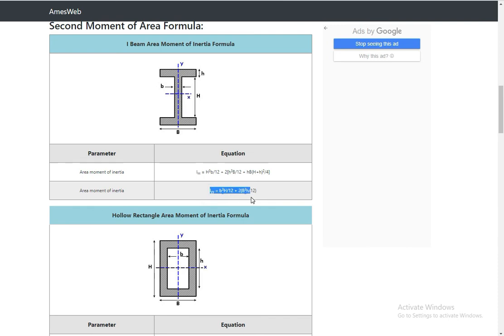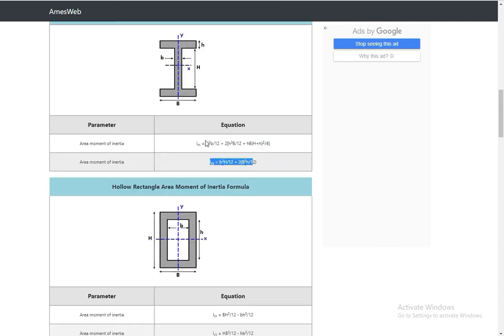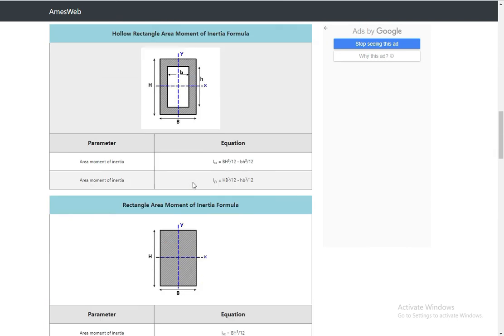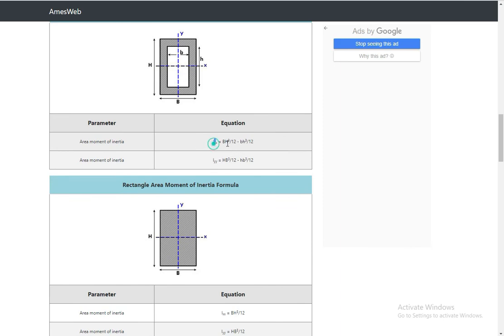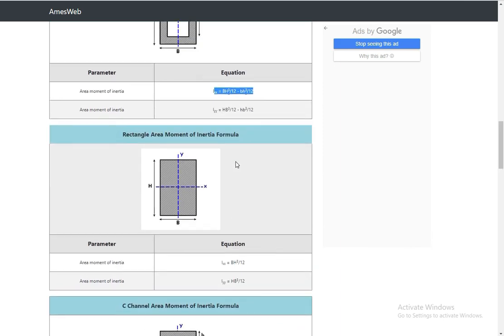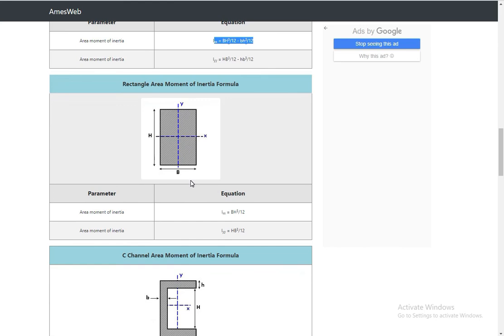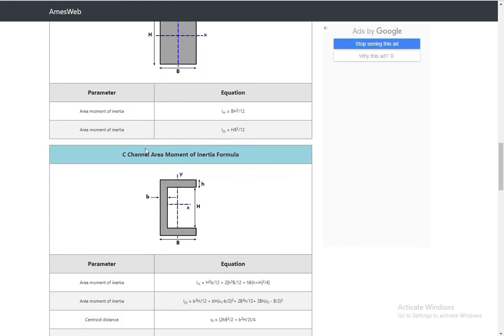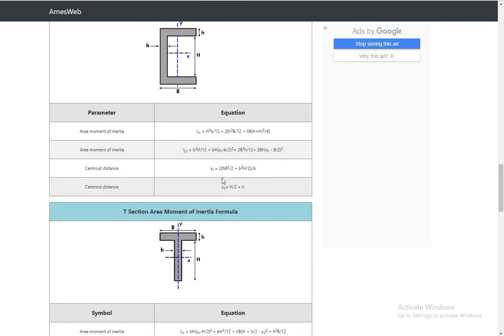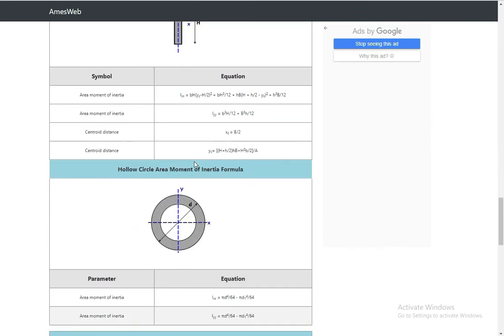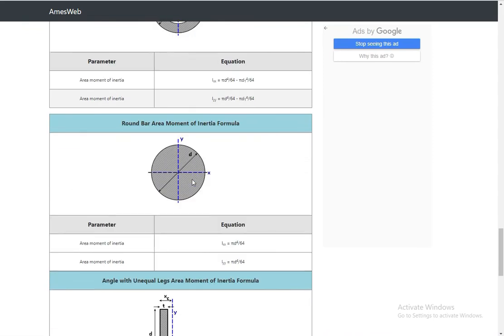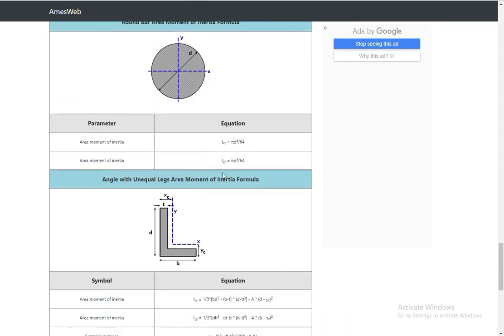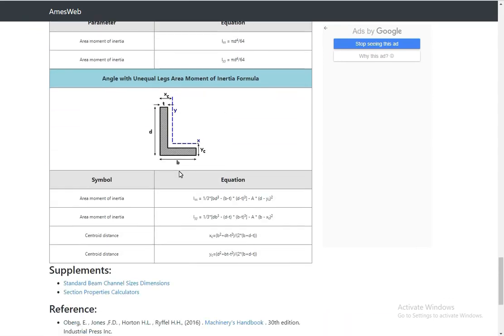This is for I section, this is for O section. The area moment of inertia formula is given, this is a hollow rectangle, this is a complete rectangle, this is C channel, and all formulas are given. T sections, hollow circle, round bar, L section moment of inertia area formulas are given.